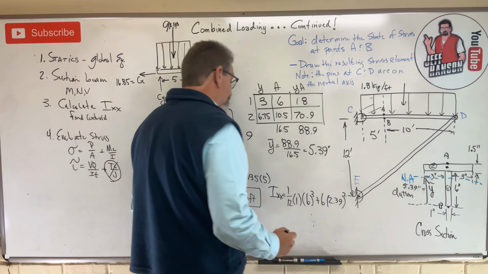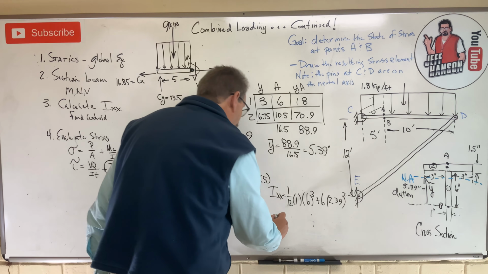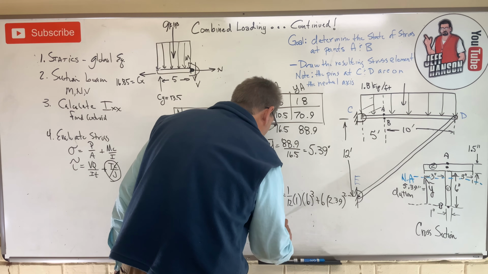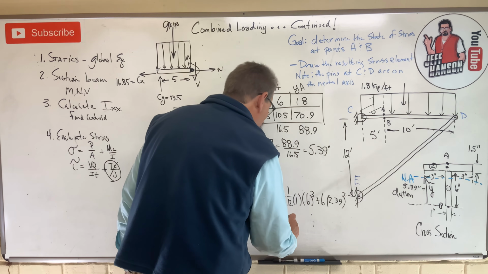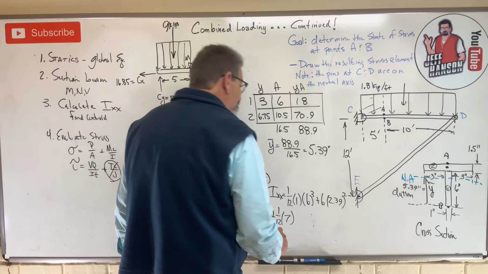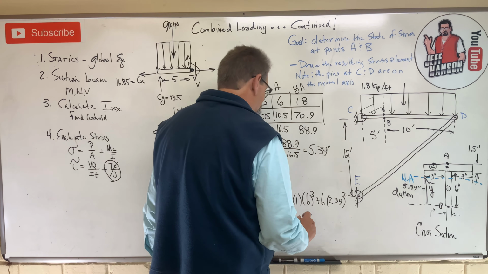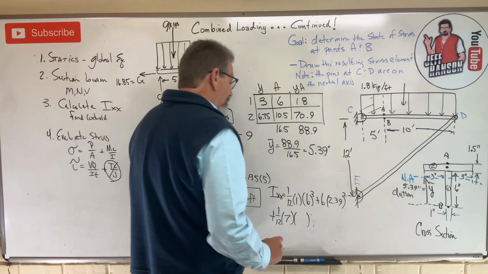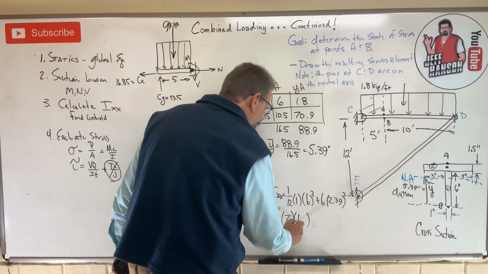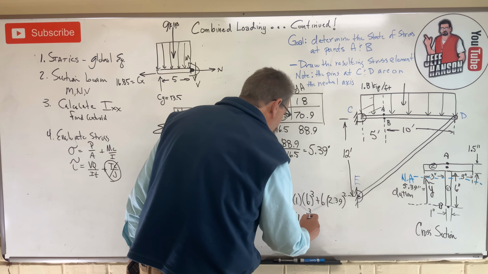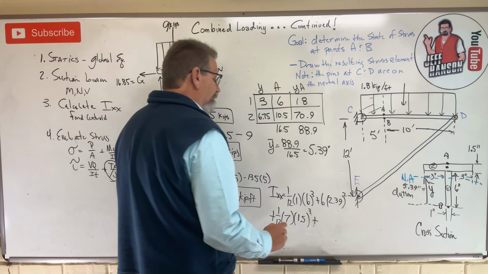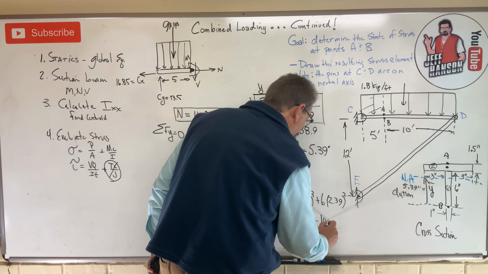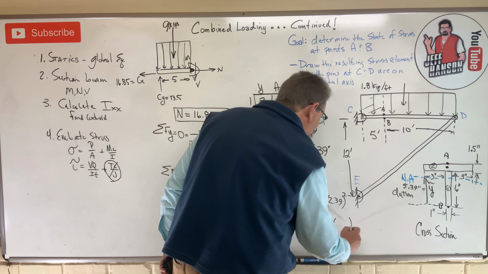2.39, okay? That's piece number 1, so plus, here comes piece number 2, 1/12. The base, what's the base? 7, because it's all about that base, times, what's the height? 1.5 cubed plus the area, this time 10.5 times D squared.